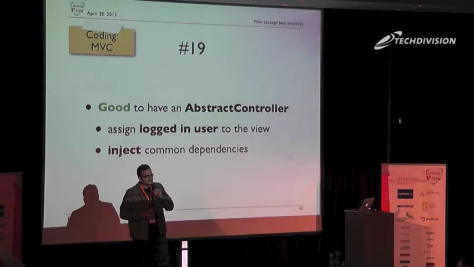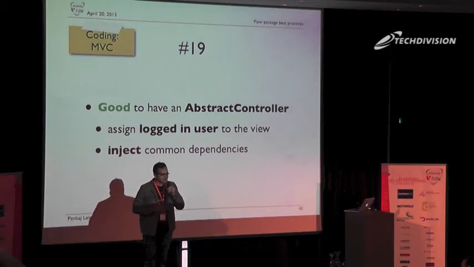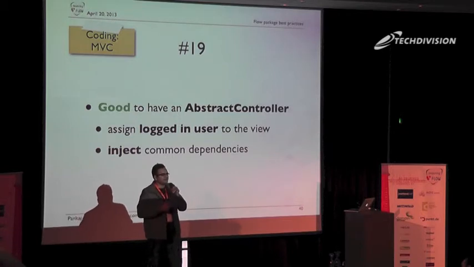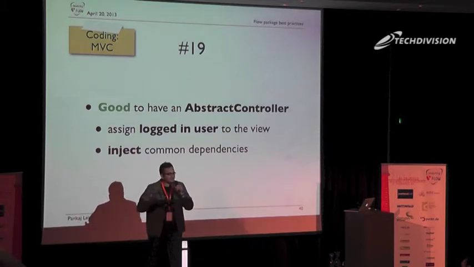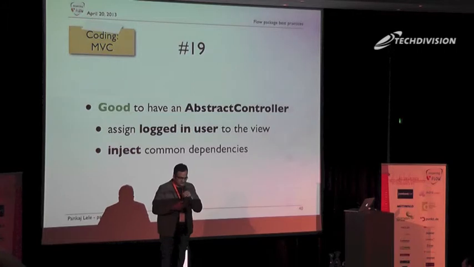Another thing is, if you are using dependency injection, whatever common dependencies, like mainly the security context, you can inject only in the abstract controller, and you can have your other controllers look a little bit cleaner.